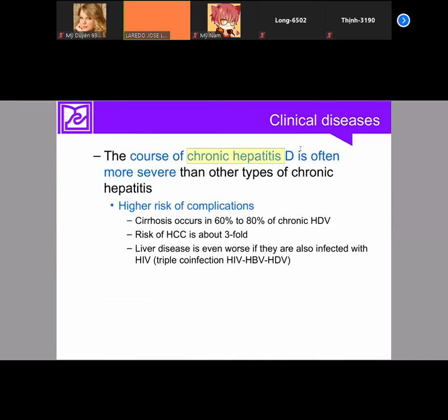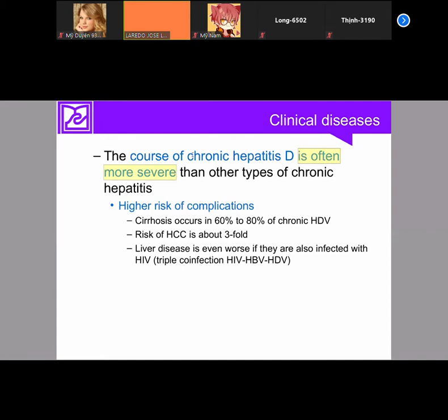Chronic hepatitis D means chronic hepatitis D and chronic hepatitis B at the same time, because hepatitis D alone is not possible, okay? So chronic hepatitis D and B is more severe than hepatitis B alone.